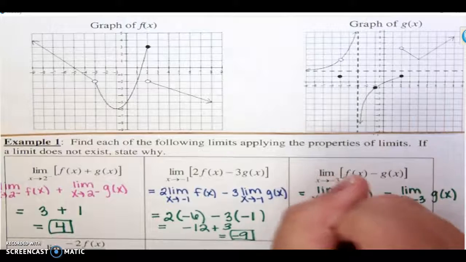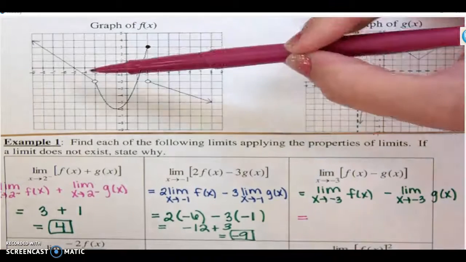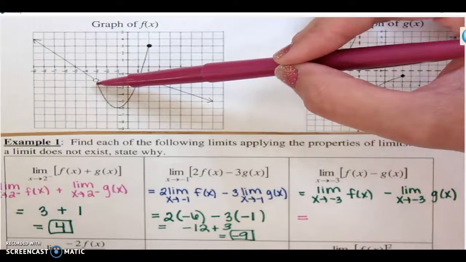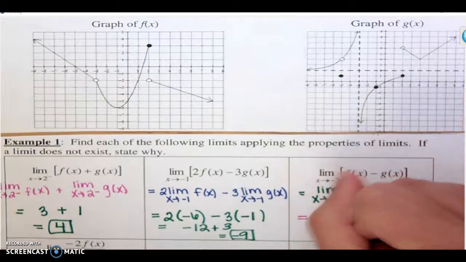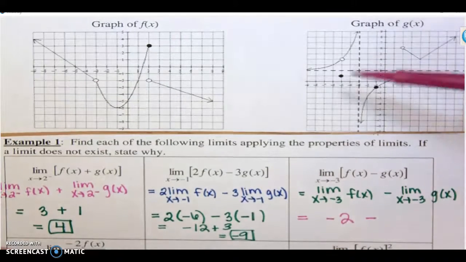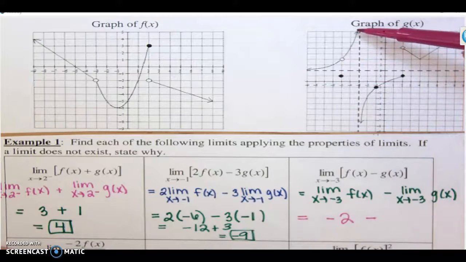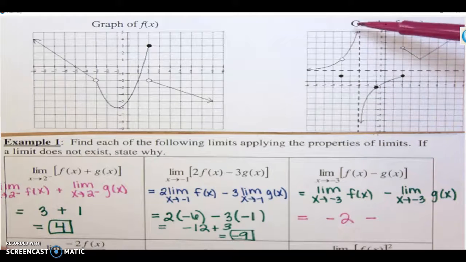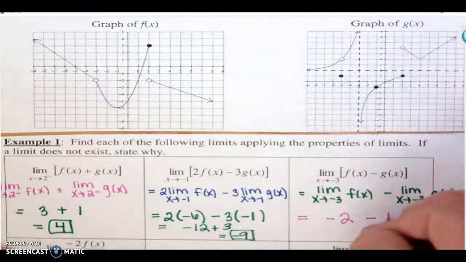So the limit as x approaches negative 3 of f of x, if you come in from the left and you come in from the right, it's approaching that y value of negative 2. We have the minus sign. And then for g of x at negative 3, well, if you come in from the left, it's infinity. If you come in from the right, it's negative infinity. And there's a vertical asymptote there, so remember that limit doesn't exist.